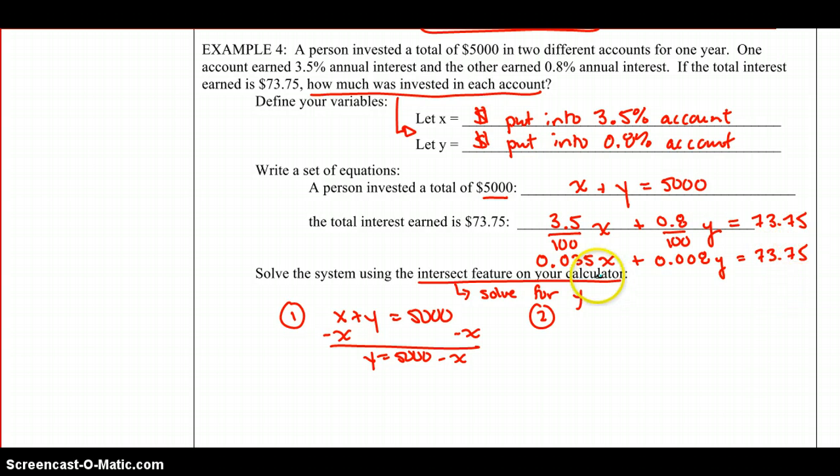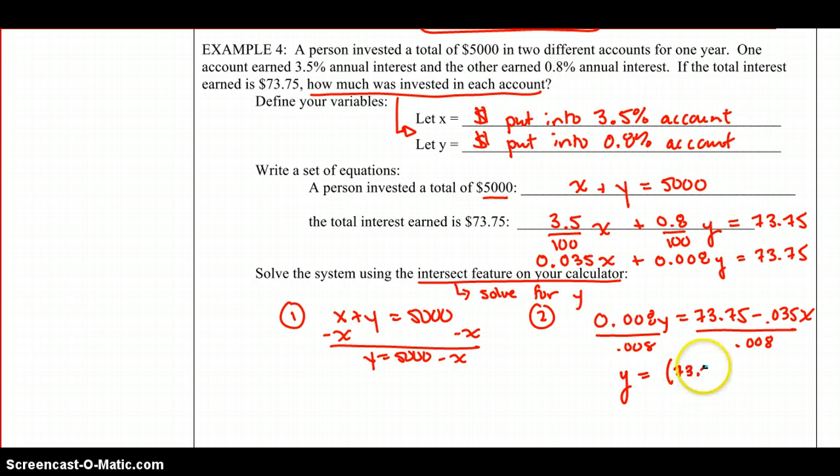On this one, to solve for Y, we would begin by subtracting 0.035X from both sides. Then to get Y by itself, we would divide by 0.008, so Y equals this whole quantity divided by 0.008.